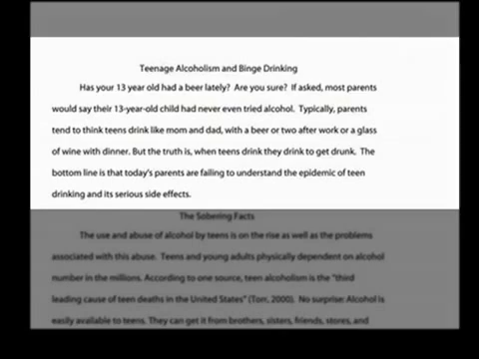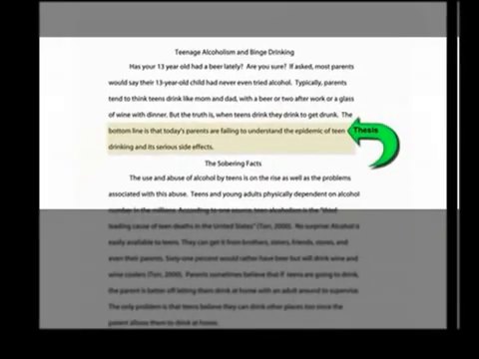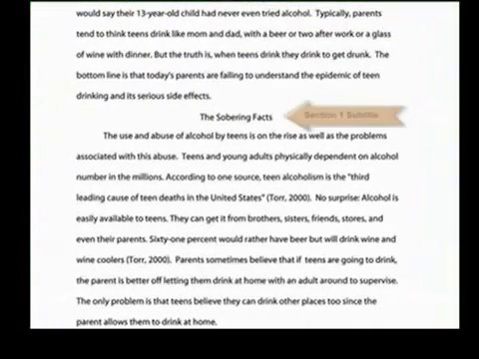But the truth is, when teens drink, they drink to get drunk. Thesis. The bottom line is that today's parents are failing to understand the epidemic of teen drinking and its serious side effects. So there's your perfect introduction. It begins with an open funnel and a strategy to get attention, and then gradually funnels down to that thesis statement. Then comes the next title, the title of this next section, the sobering facts.